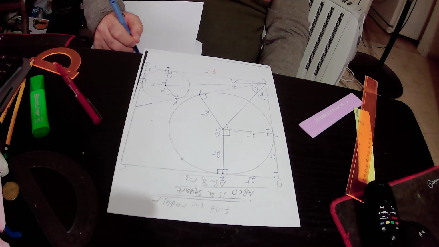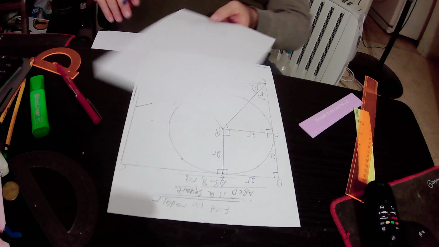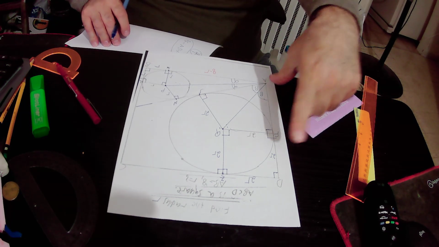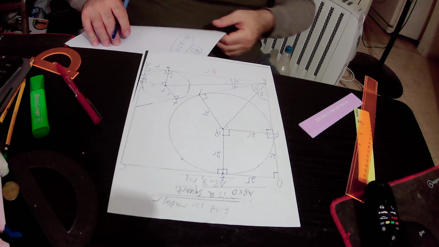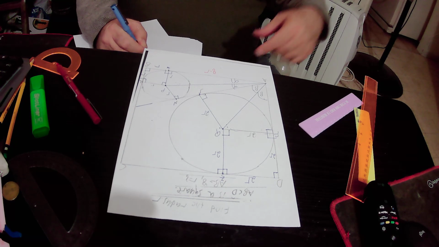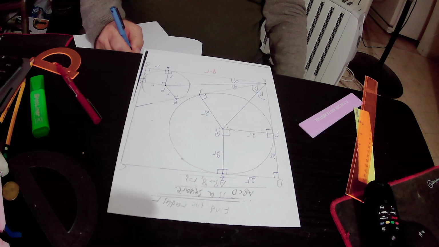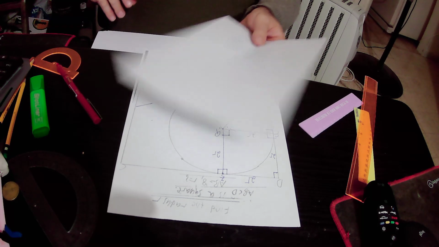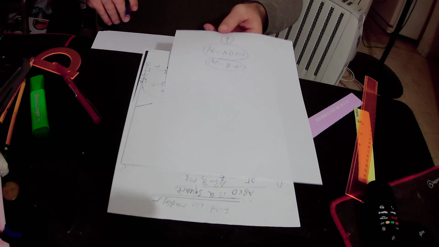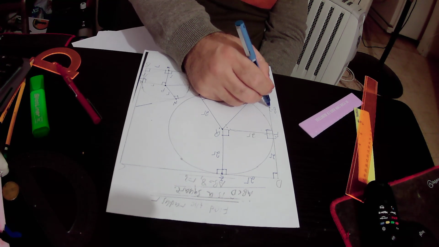So AF equals AD, which is 8 units, minus FD, which is 2R. So we found out that AF equals 8 minus 2R.